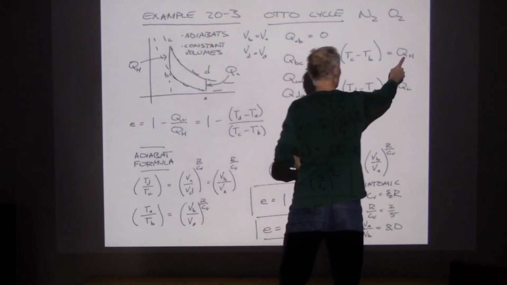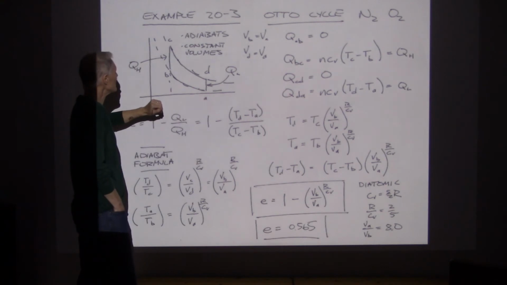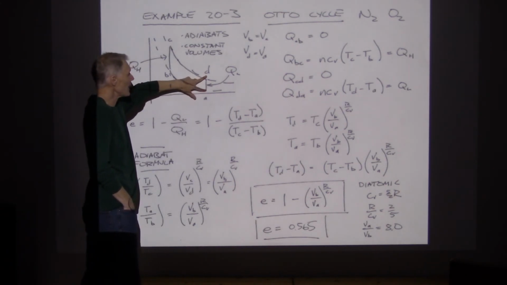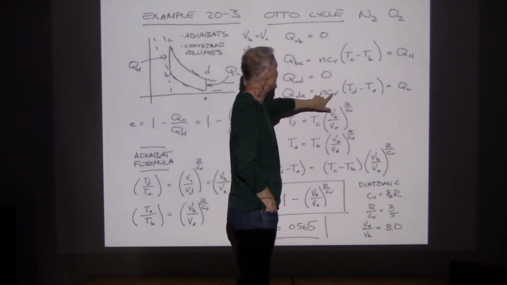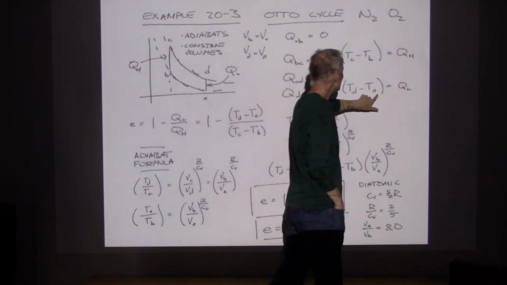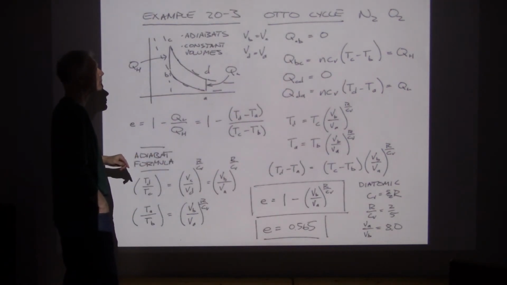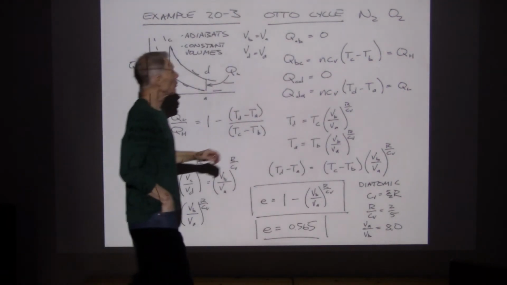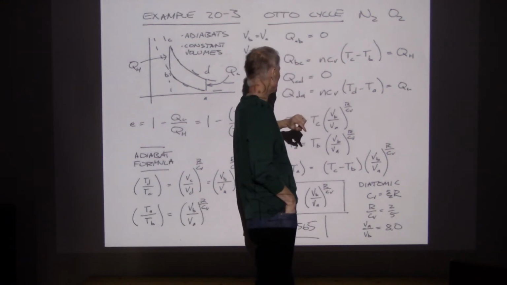That's going to be my QH. Now, the heat leaving from D to A, the QL, that's also going to be n CV times Td minus Ta equals QL. Let me make sure I got that right. Okay, good. So these four temperatures are all different. Those aren't going to cancel out.